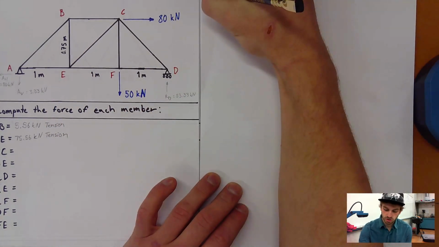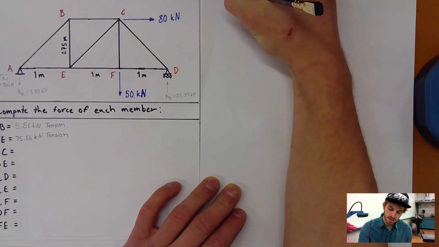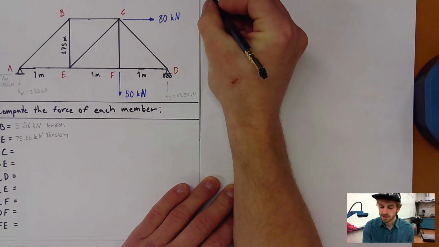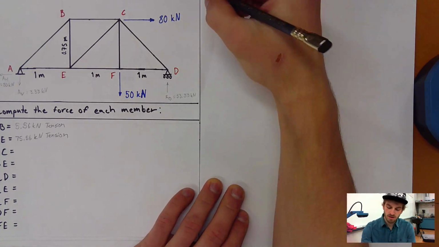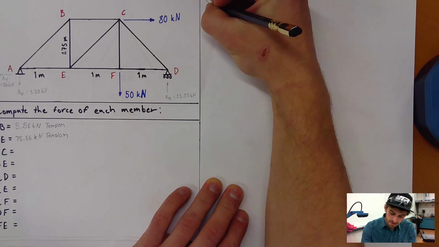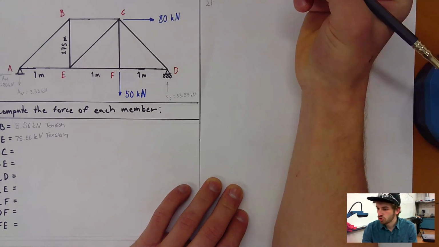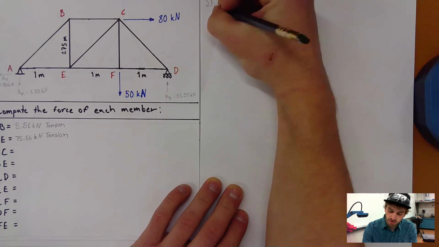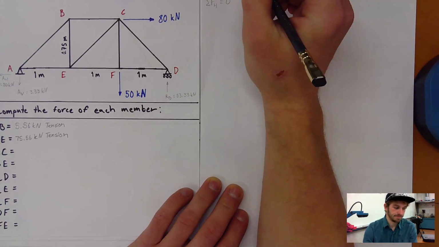Okay, at joint B. You're going to get bored of me saying this, but you know what's coming. The sum of the forces acting, let's go in the horizontal direction first, must equal 0.